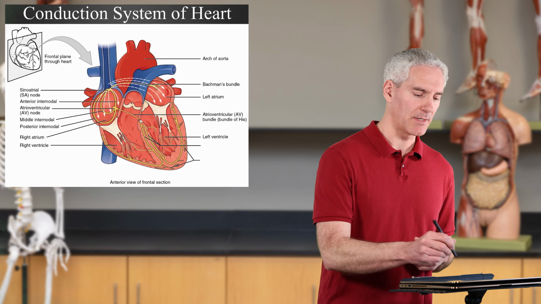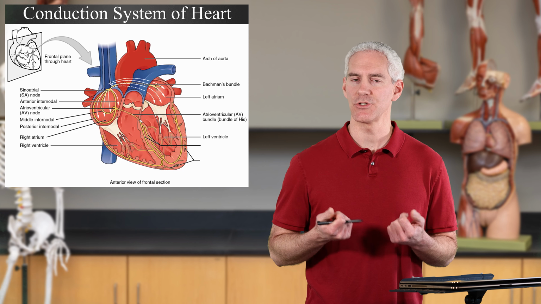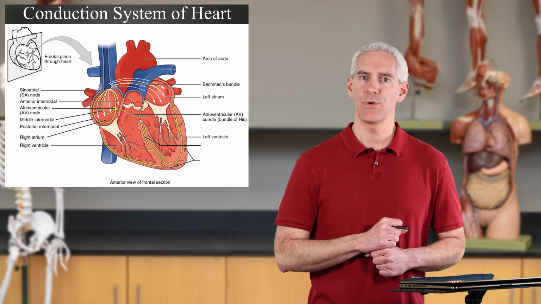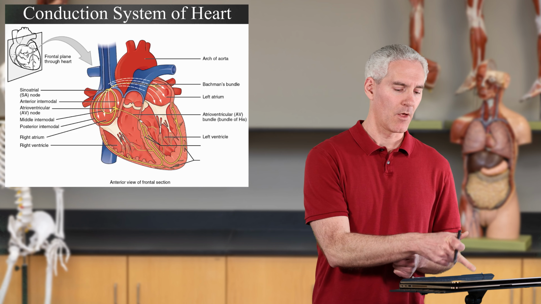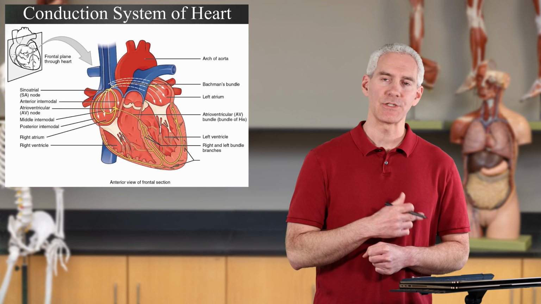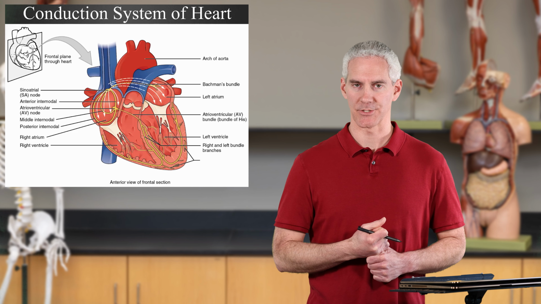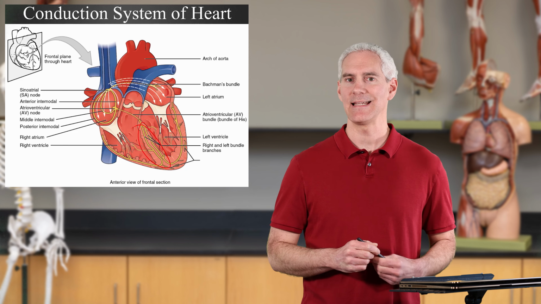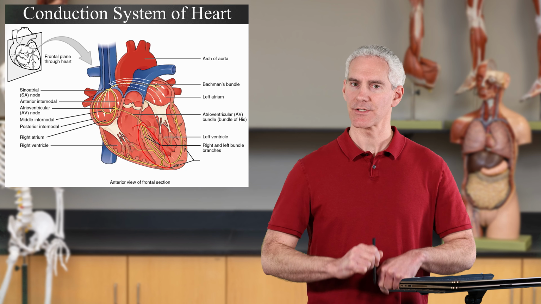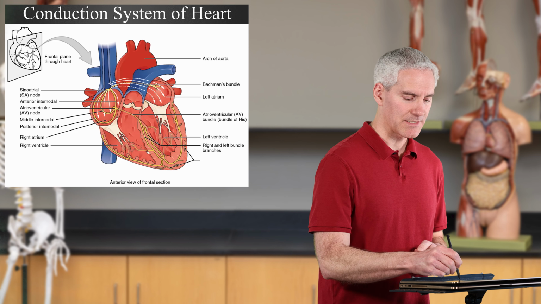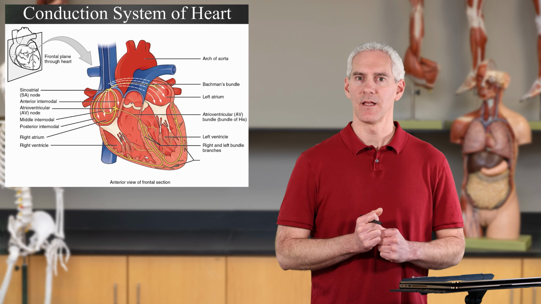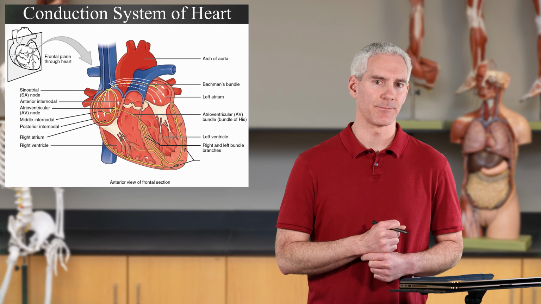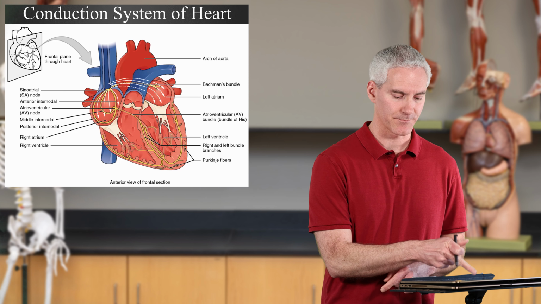The atrioventricular bundle allows that depolarization wave to travel down into the ventricles, where it goes down into the right and left bundle branches. Those right and left bundle branches are going to head down the interventricular septum, and they'll start to kind of branch around until they meet the different points of the Purkinje fibers.